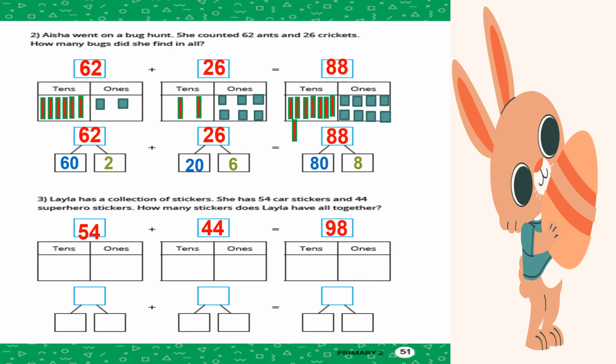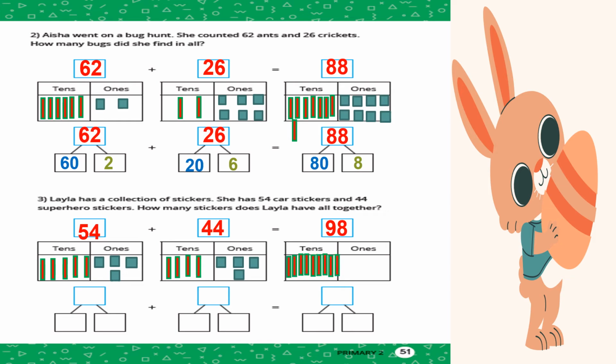98. Let's draw our sticks and small squares. 54. How many sticks do we have? 5 sticks. How many small squares? 4 small squares. 44. How many sticks do we have? 4. How many small squares? 4 small squares. 98. How many sticks do we have? 9 sticks.